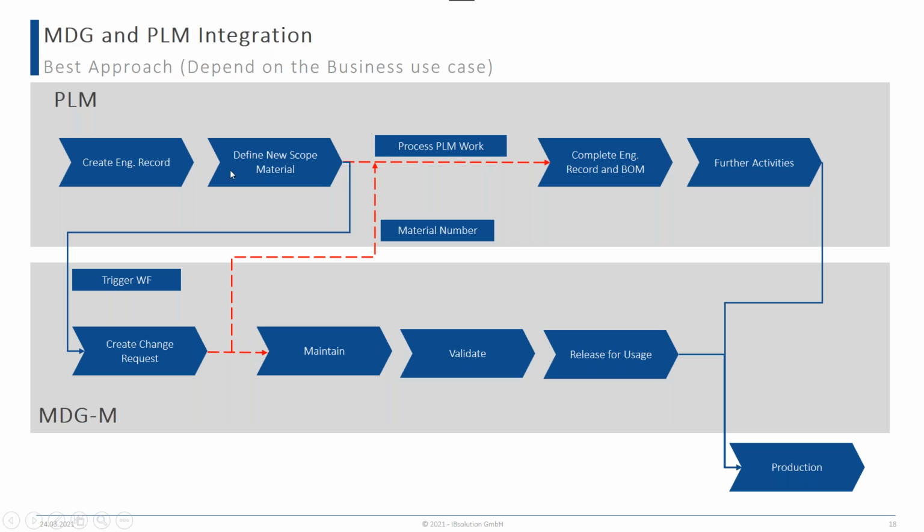In a couple of words here, some PLM systems sometimes use a different material type, and in MDG it can be similar or different. When the information is coming from the PLM, it might be required to change the material type in the MDG before further processing, because that material type might be used only for the design processes.